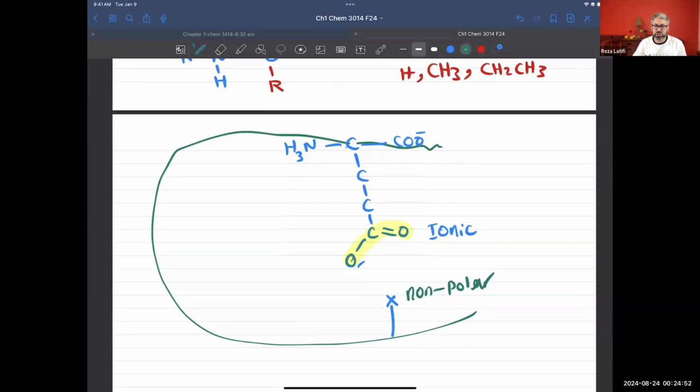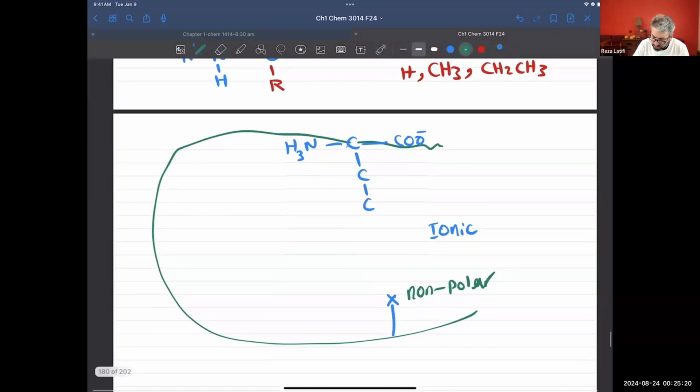Now, if you change this amino acid to this one, so take this yellow group, get rid of that one, and the carbon that I deleted, I'm going to attach it to that one.